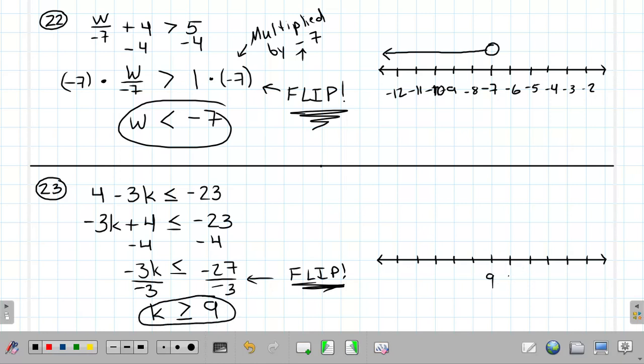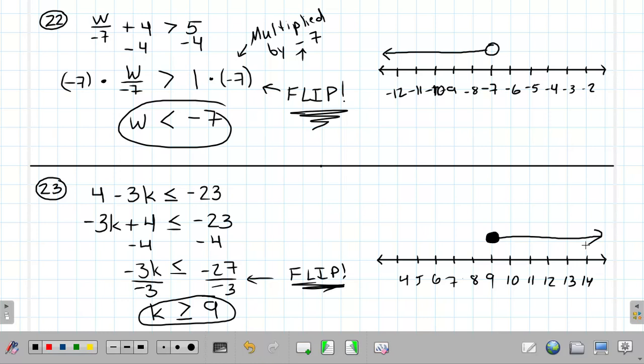So 9, 10, 11, 12, 13, 14, 8, 7, 6, 5, 4. Well, K can be 9, so we're going to have a closed circle. And we want the numbers that are bigger than 9, so that's all the numbers to the right of 9.